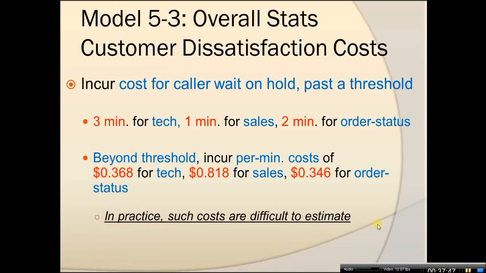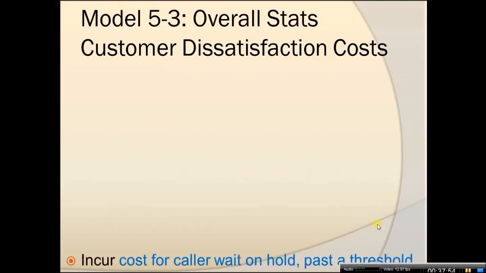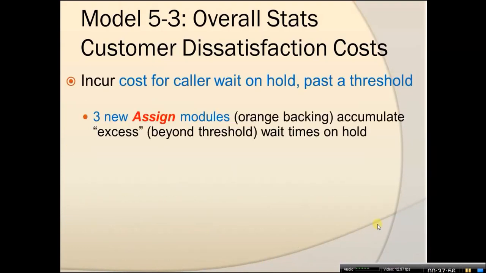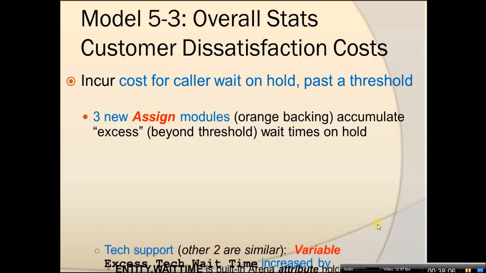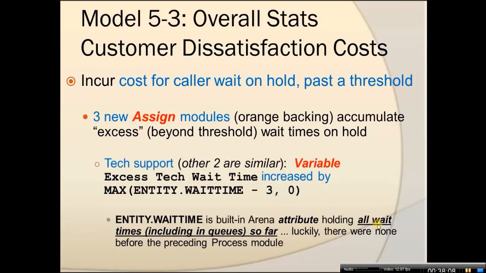In practice, of course, these costs are very difficult to estimate, but that's what we're going to use. To implement that, we're going to add 3 new assign modules to accumulate excess wait times on hold. And we will also introduce additional variables.